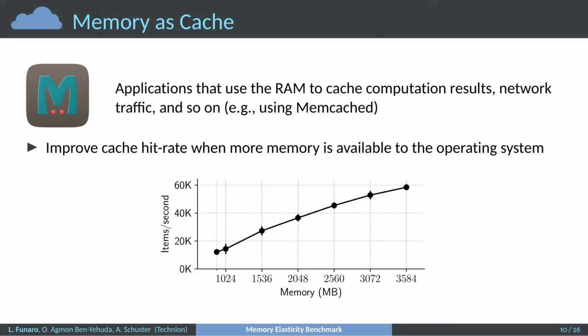First, we have applications that use memory as cache, Memcached, for example. They often trade off network and CPU with memory. Such applications can seamlessly improve their performance when more memory is available by enlarging the cache. When the memory is scarce, they can use their built-in eviction policy to evict some of the data.